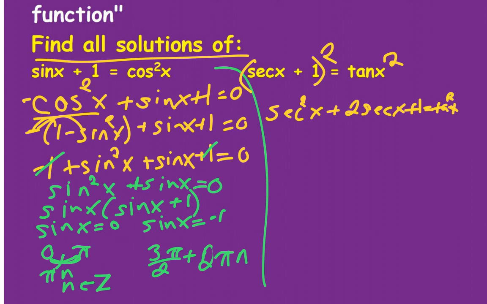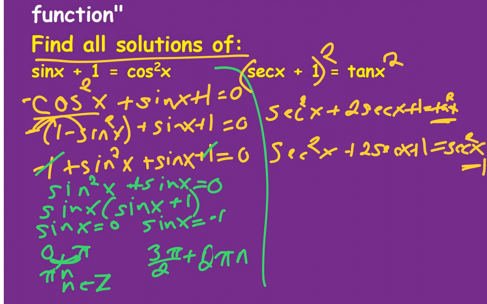So now I can take and change this tangent squared to a secant squared. So secant squared x plus 2 secant x plus 1 equals, and tangent squared is equal to secant squared x minus 1. So then the secant squareds cancel out.